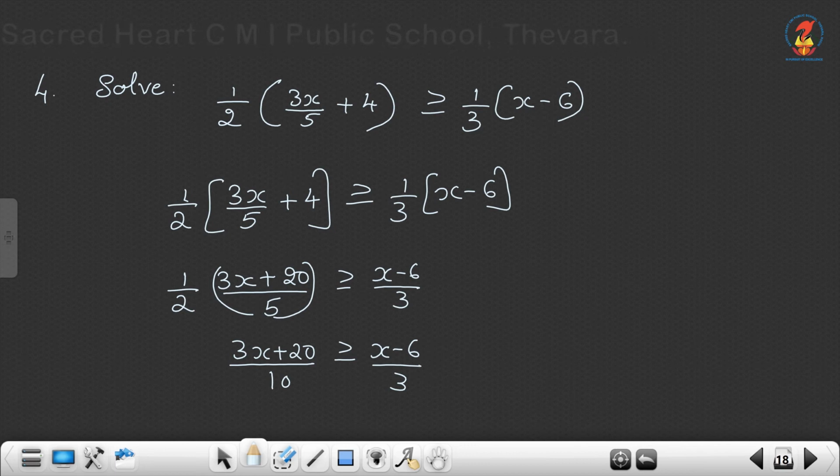Then you can multiply by 3, or you can take 3 to this side and 10 to this side. It's a positive number, so no problem, the sign won't change.